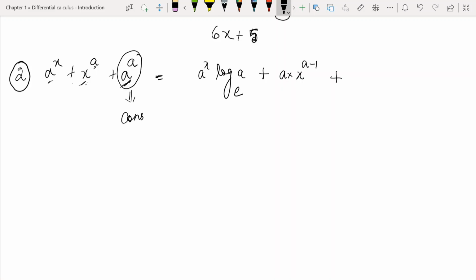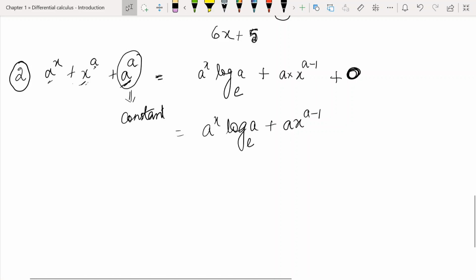So when the whole term is constant, differentiation of the entire term becomes 0. So now the final answer is only these two terms: a power x log a base e plus a x power a minus 1. That's all. Now let us go to the third sum.